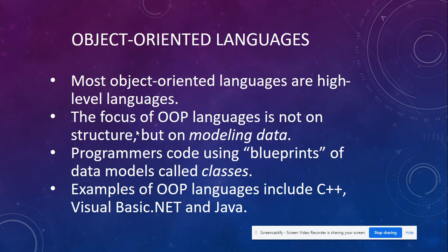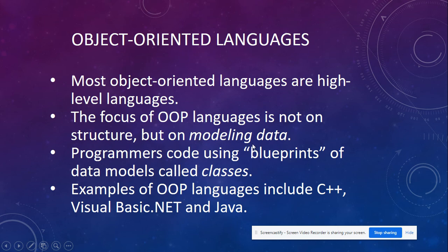Object-oriented languages. This is when programming really got good. This started, like I said, mid 80s. The big takeaway from this is that object-oriented languages have reusable code. It's encapsulated. Like it says here, modeling data, it's encapsulated.